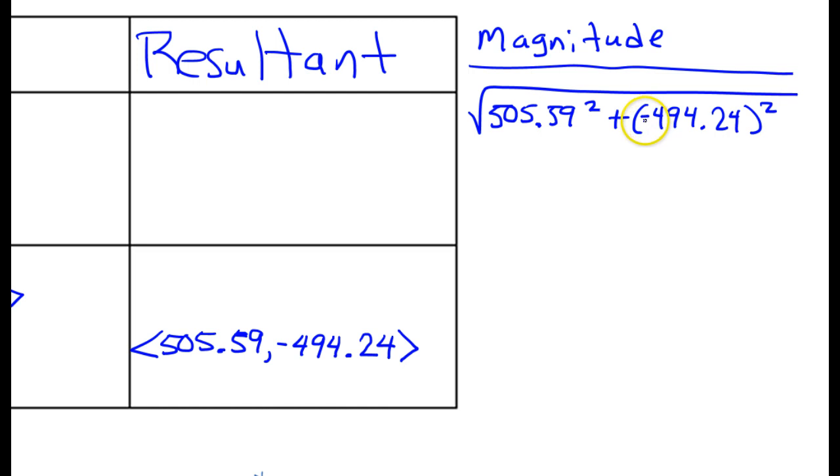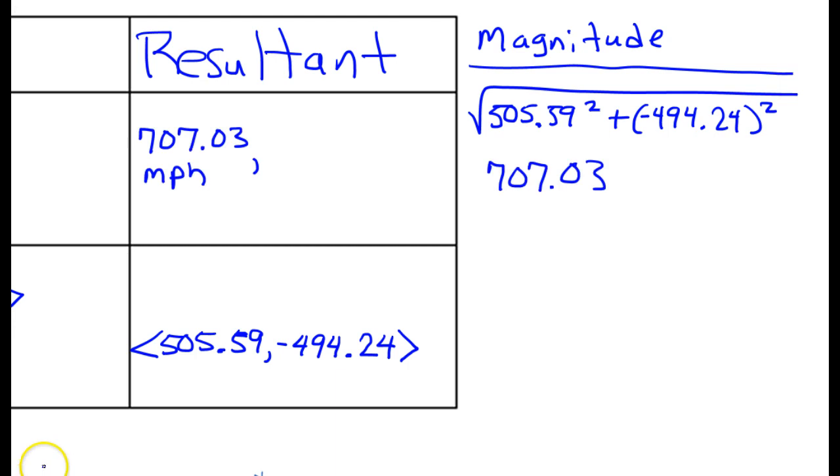If you're going to include the negative sign, make sure you use parentheses around this. It will mess up your whole answer if you don't use parentheses. You will not get the right answer. Anyway, use your calculator. So I got 707.03. So that's the magnitude. Alright, that is the resulting speed of the plane once you take into account the wind.